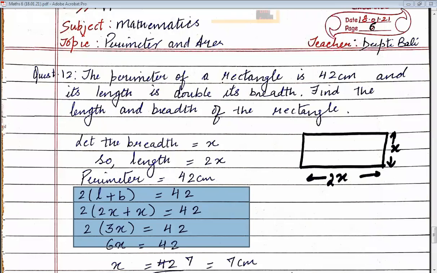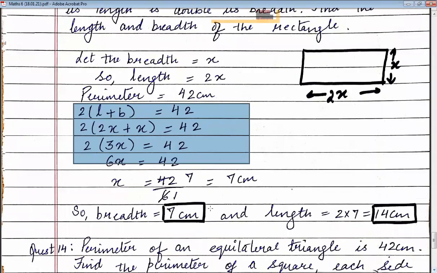Now just simple transpose method. In the next step, 6 will go to the right hand side and it will divide the given number. So 42 divided by 6 is equal to 7 centimeter. So now children, here you got x as 7 centimeter. You remember what we have considered x? Your x was your breadth.